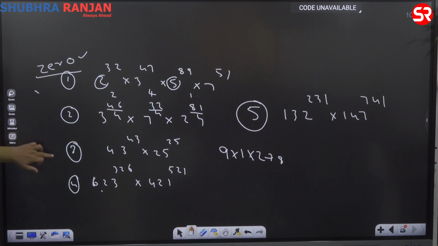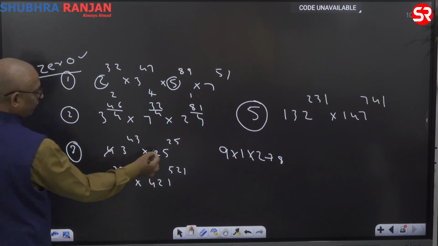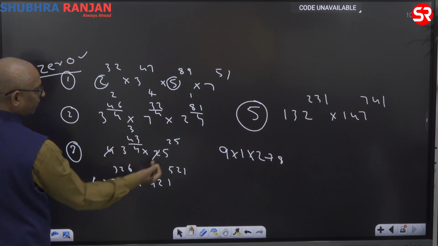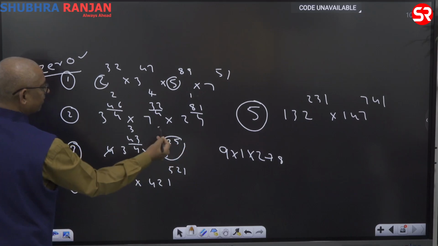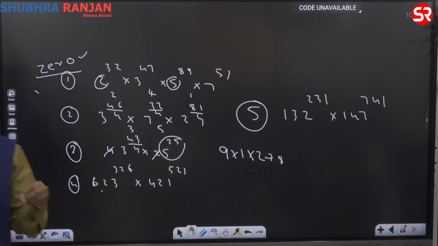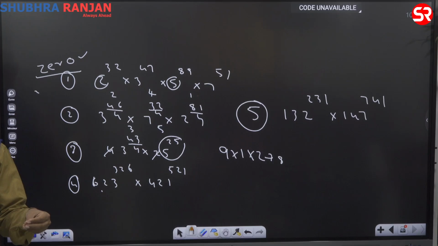Next. For this, 5 only, but for 3 definitely which digit will come? Even number or odd number? So 5 into odd number is always 5 only. 5 into even number 0, 5 into odd number 5.